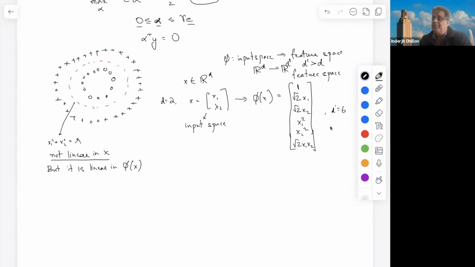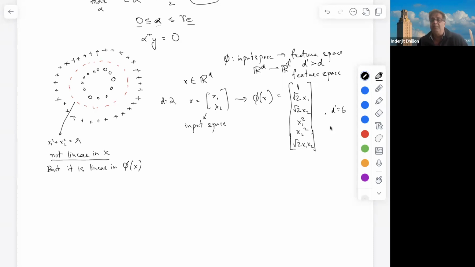That's a big blow up. All of a sudden, your d is already, let's say, millions of features. Suppose you have a very big problem, and you go from 10 to the power 6 to 10 to the power 12 features. Much, much bigger problem, right? Trillion features. So that's just too expensive.